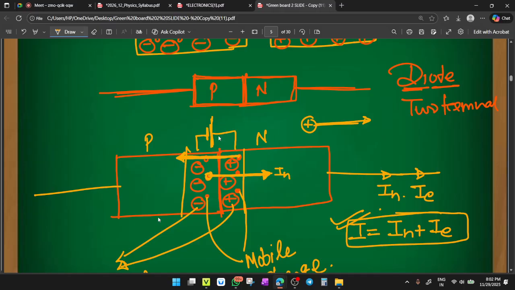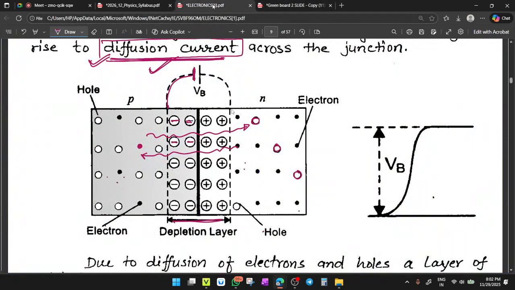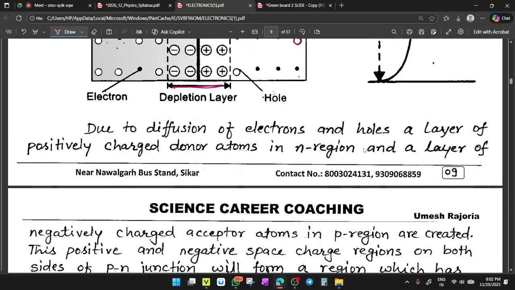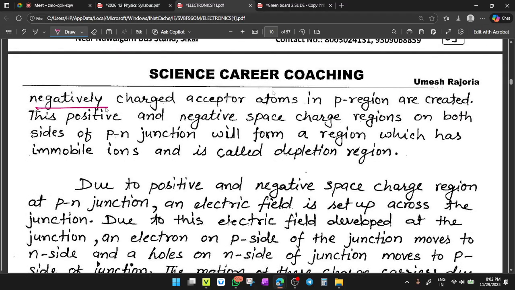So a small potential difference is there. This is called barrier voltage. Fine. This is called barrier voltage. Due to the diffusion of electrons and holes, a layer of positively charged donor atoms in the n region and a layer of negatively charged acceptor atoms.